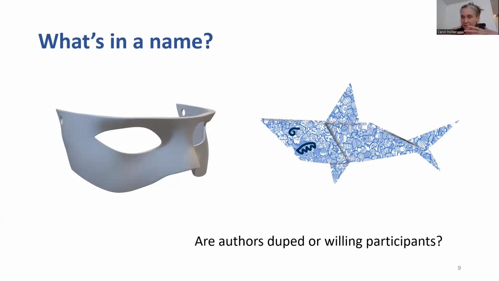But there have been really interesting surveys and reviews looking at why it is that authors actually publish in these. And it is true, sometimes they have no idea what they're doing. They don't really know that this is a phenomenon, and so they think that they're publishing in a legitimate journal. But sometimes they're doing it because there's pressure to publish, and this is a very easy route to a longer list of publications.